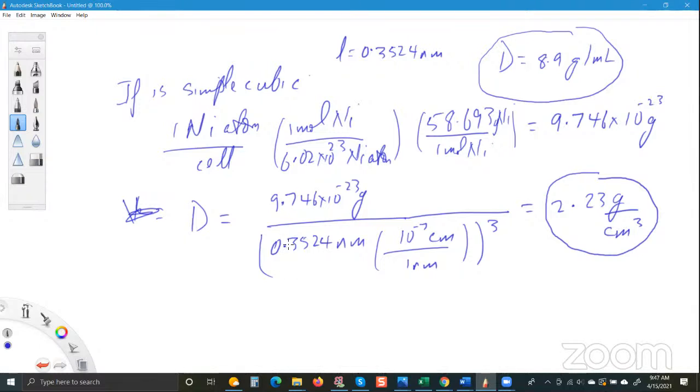So therefore, this is not the density of nickel.